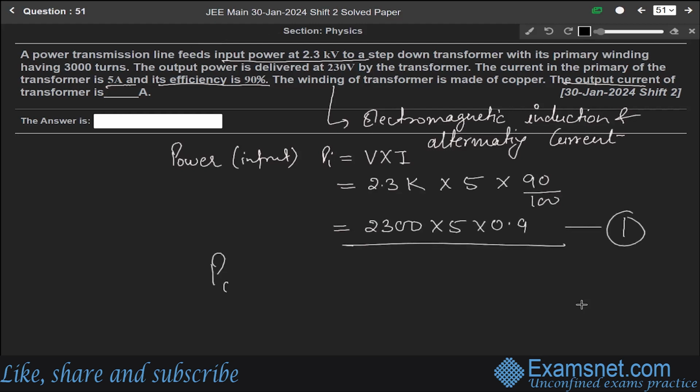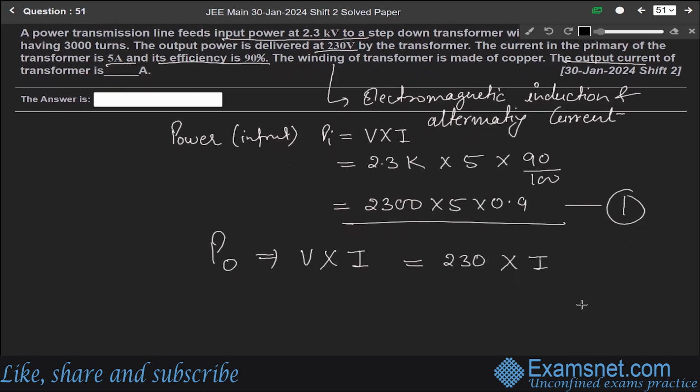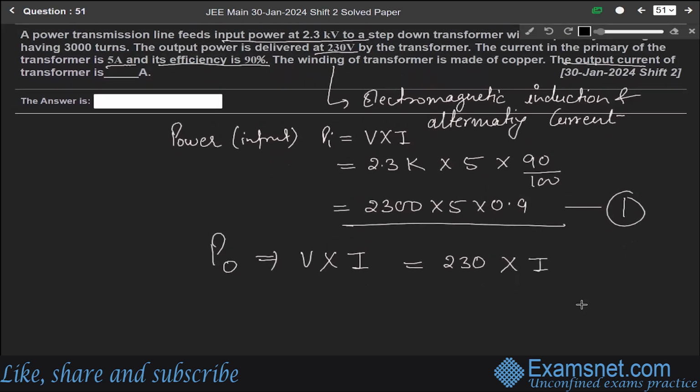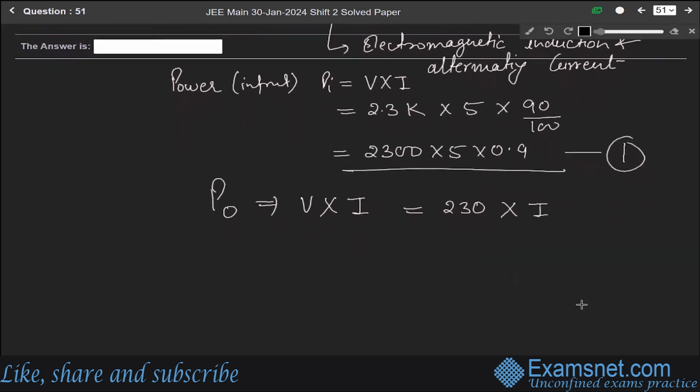And so output power will be equals to same voltage into current. Voltage is what? Output voltage is 230 volt. So 230 volt into current. We have to find this output current means I. And we know that in a primary or secondary transformation, the input power is equals to output power. So PI will be equals to P out.